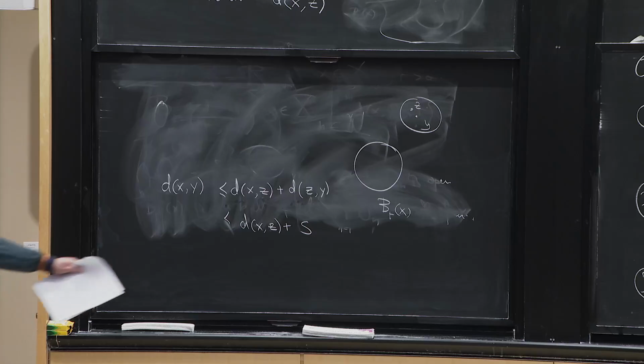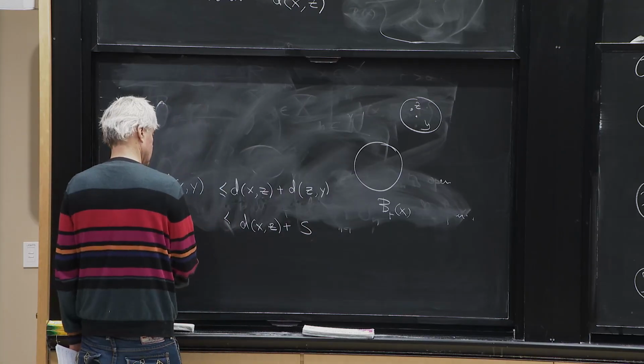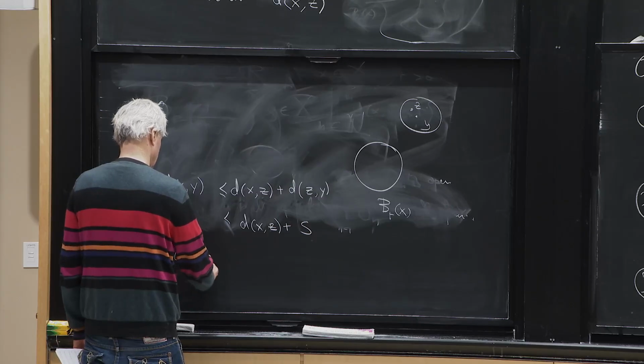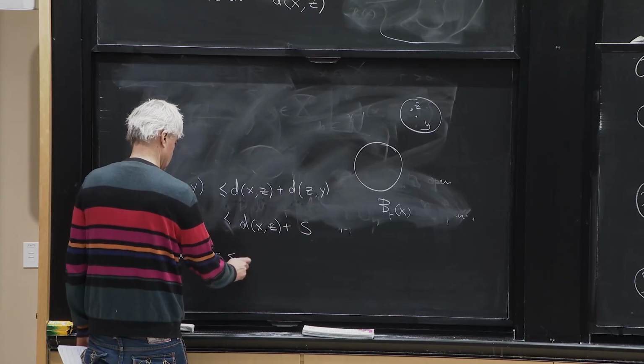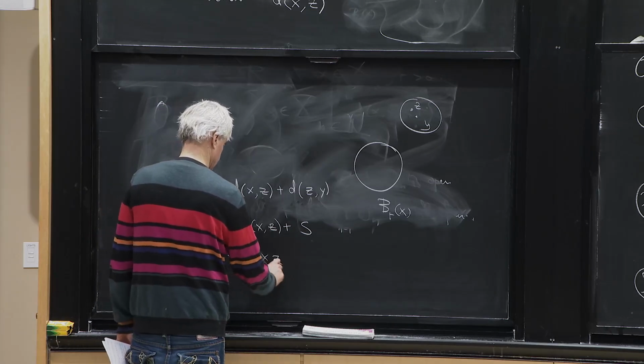And so now you can just move this one over to the other side, and you have that d(x,y) minus s is strictly less than d(x,z).